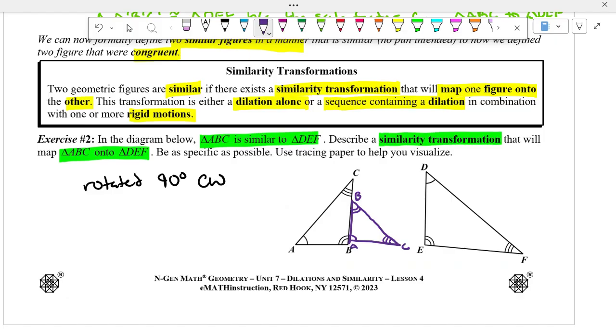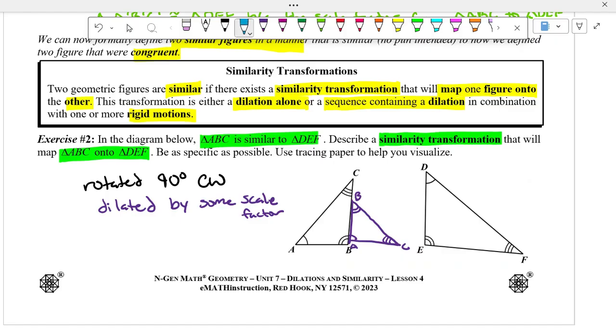Now it's not quite on top of DEF yet. So what else do you think happens? Carolina. It dilated. All right. So we can say it dilated by some scale factor. We don't know what that is, and that's okay, because they don't give us enough information to find that. But we know it at least dilated.